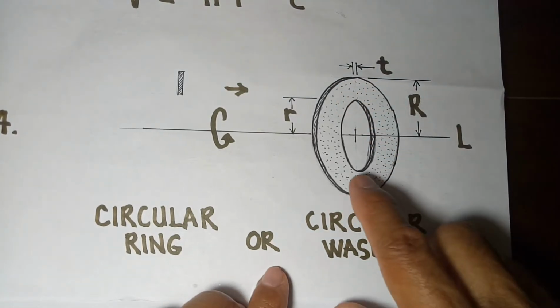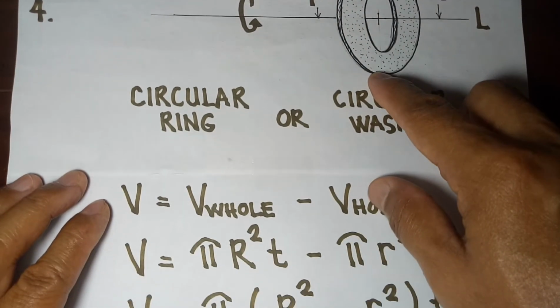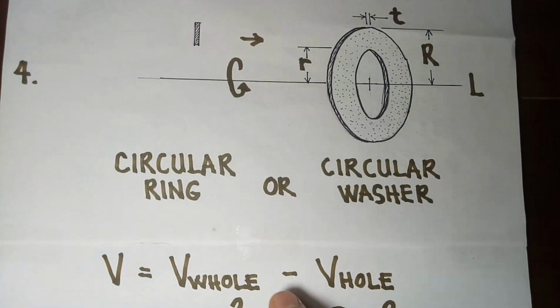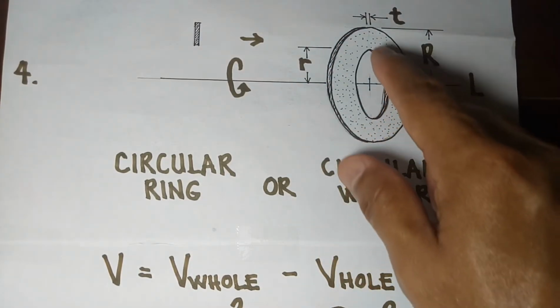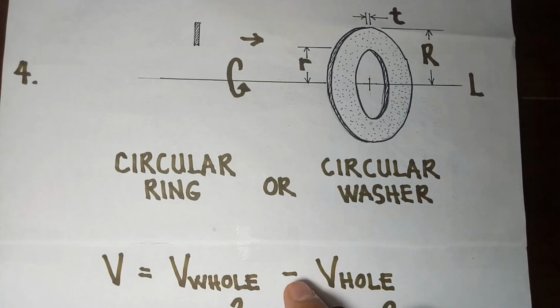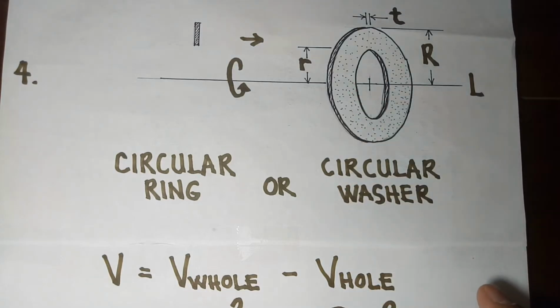So, paano ba kuhanin ang volume ng circular disc? So, yung volume niya, una, equals volume ng buo. Kukonsider mo natin yung buo kasama yung butas. Minus volume ng hole, no? Minus volume ng butas.